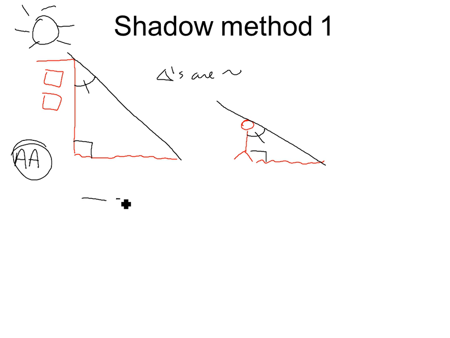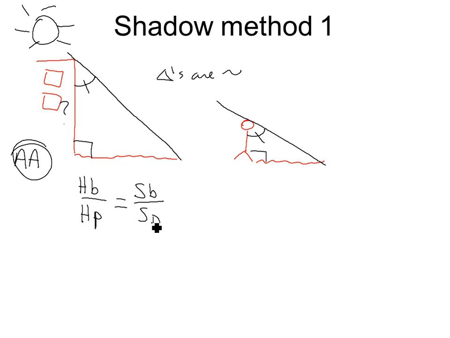And the way you could set up your proportion here, probably the easiest way, is to go the height of the building, whatever this right here is, compares to my height, the height of the person, with the shadow of the building comparing to the shadow of the person.